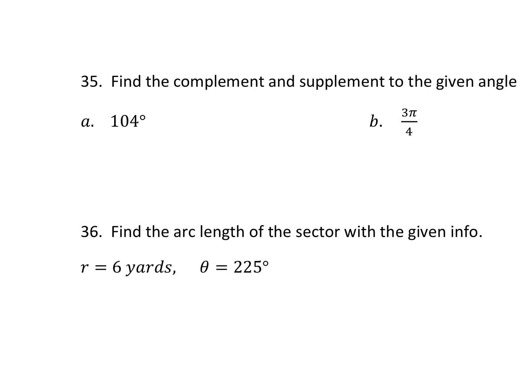35, find one complement and one supplement of the given angle. Complements are either going to add up to 90 or they'd add up to pi over 2. Supplements add up to 180, or they'd add up to pi. So here you always take the 90 and subtract the angle for the complement.